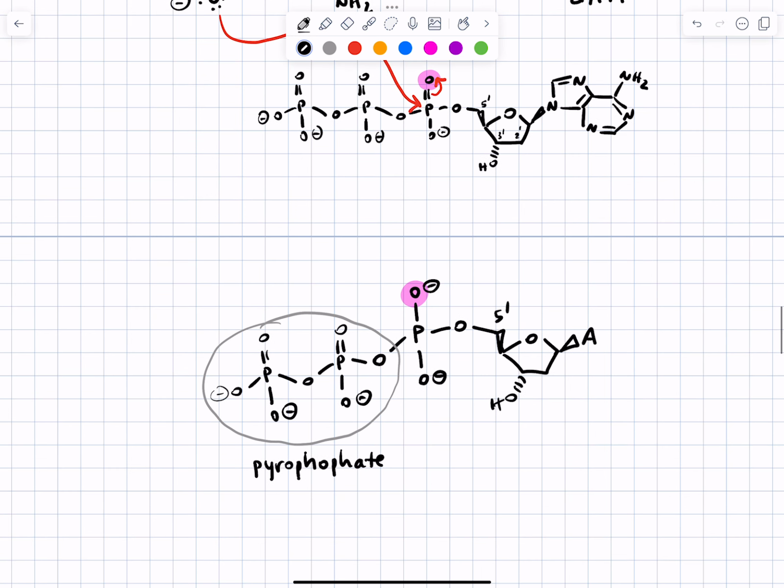It's basically going to be a leaving group in what happens next. Biochemical texts will abbreviate that as 2 P's with a subscript i, meaning pyrophosphate. And the i actually stands for inorganic. And why they call it that is because there's no carbons in the molecule.